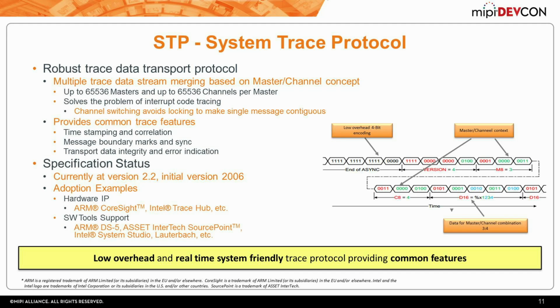And it has data integrity checks like CRC checksums and everything. The only thing that you need to add from the source side is to provide the message payloads. So STP takes a lot of burden away from the sources when it comes to sending trace messages. All the common features are already implemented on the STP level.